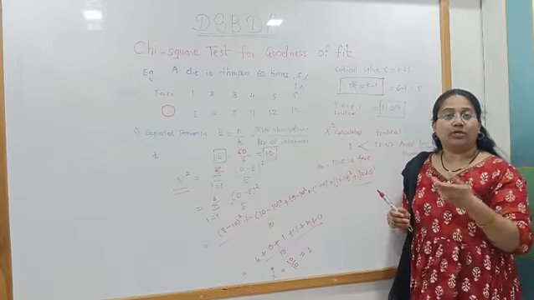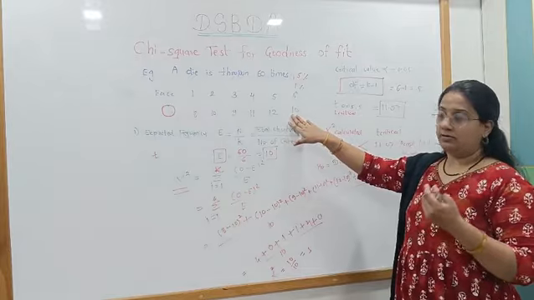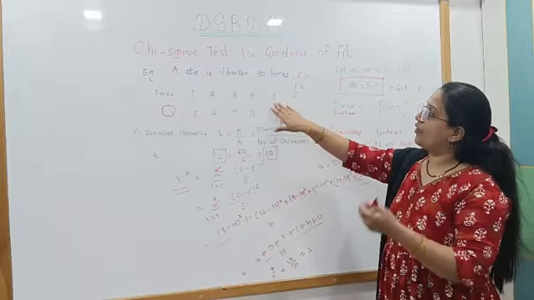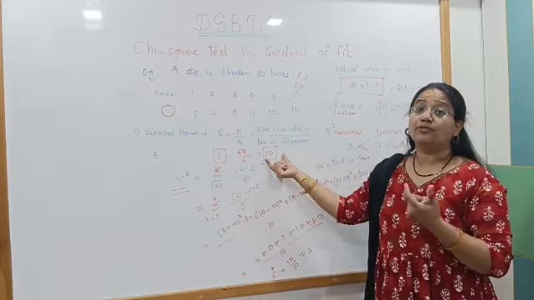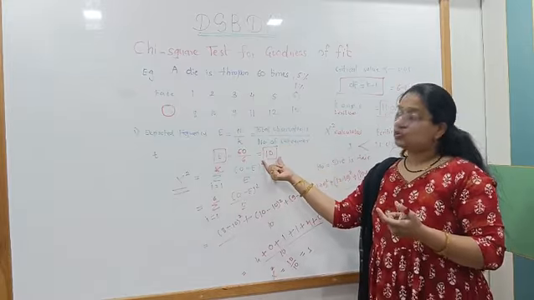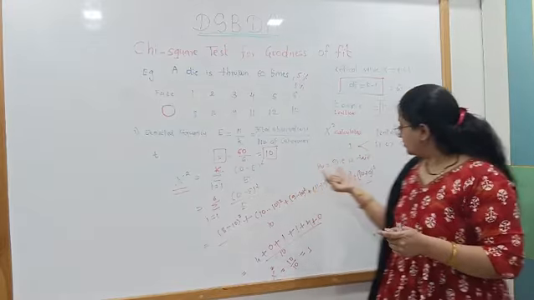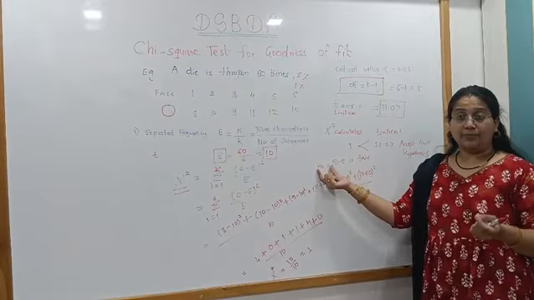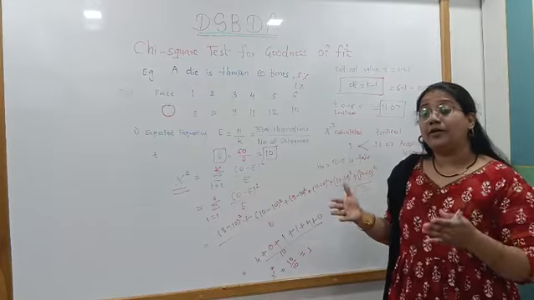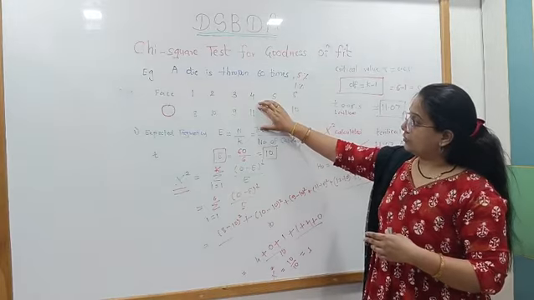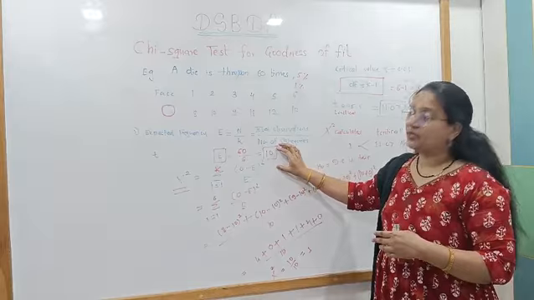I will throw the die and every time the values, say 6, 5, 4, 3, 1, are all close to the expected value. This expected value is 10. So all these values are close to 10. It is not exactly 10, but they are close to 10. That means the die is fair. This is my null hypothesis, or I can write the null hypothesis as there is no significant difference between the observations and the expected frequency or expected values.